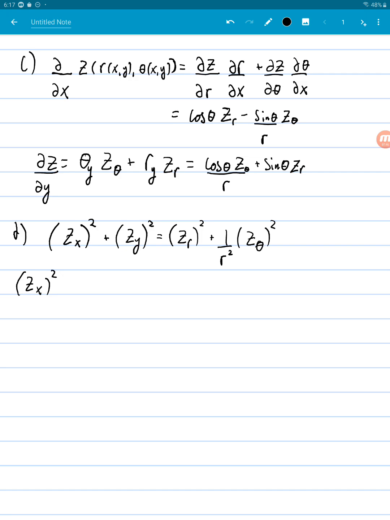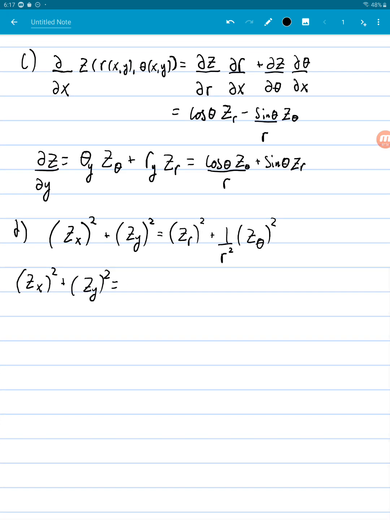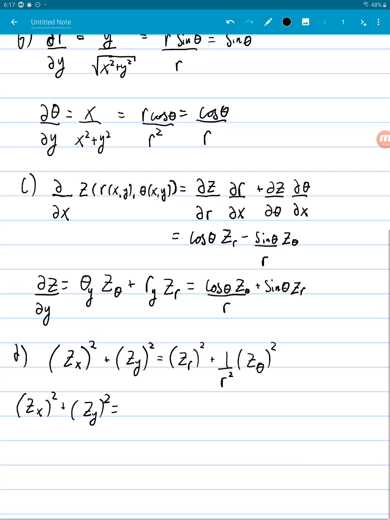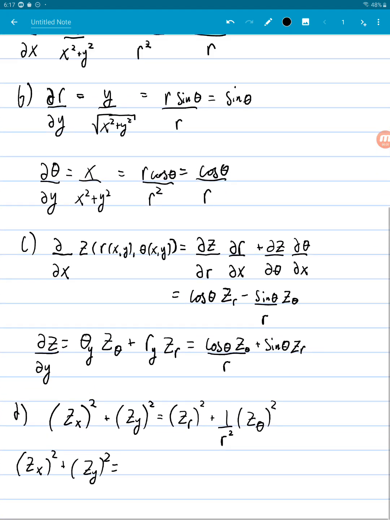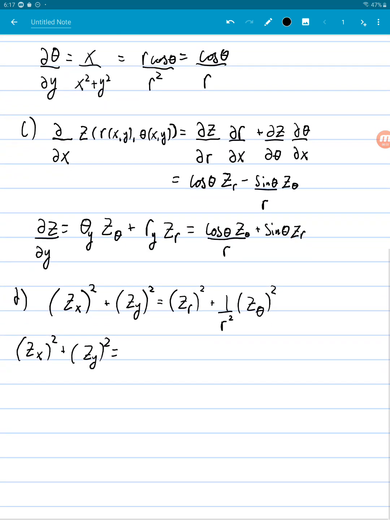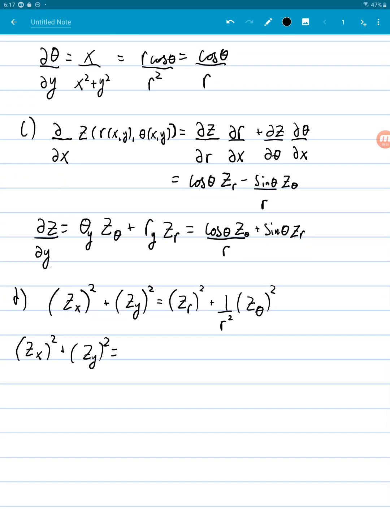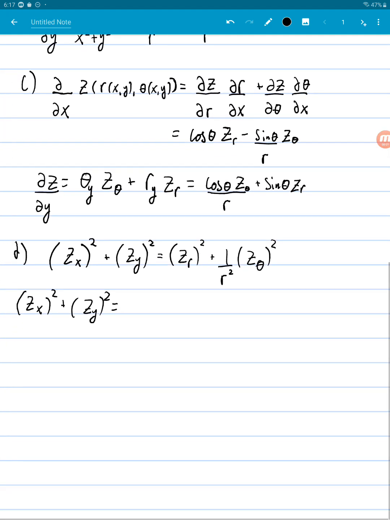So what we can do here, we have that zx squared plus zy squared is going to equal, the approach that I'm taking, essentially plugging in what we found for dz by dx and dz by dy into those squares, expanding them out.